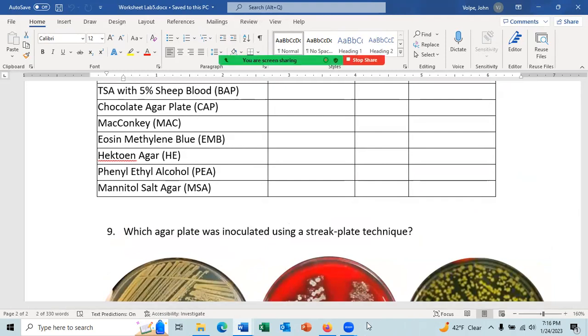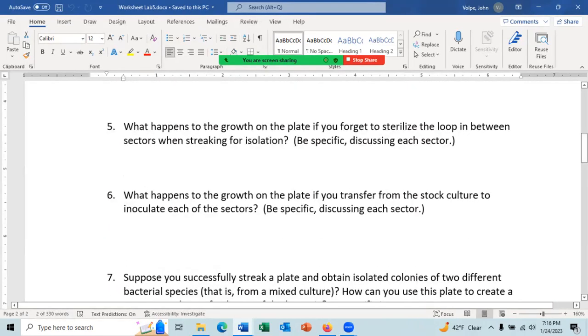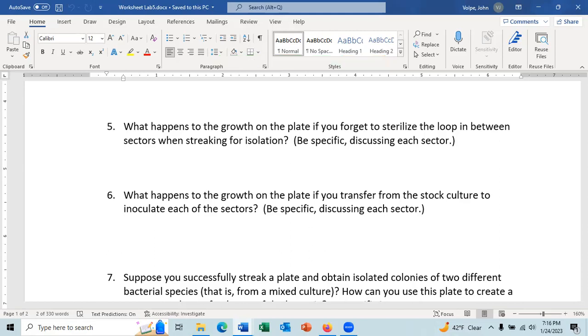I had a question about clarifying with number 6. So I was curious for number 6, if just to clarify, is the question asking if you were to take the inoculating loop and dip it again and again and just do each sector with each dip? Or is it talking about dragging it from the last sector? No, you're taking it for sector 1. You're going into the stock culture, picking up the cells, and then streaking it on sector 1.